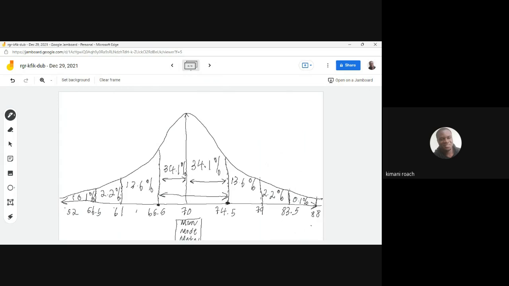So what you're going to realize, as an educator working with test scores, is that with data that is normally distributed with a mean score of 70, you're going to find very few people doing extremely great and very few people doing extremely poor.